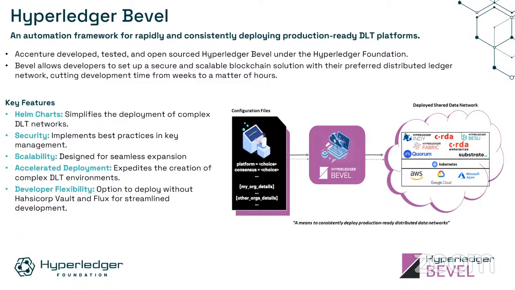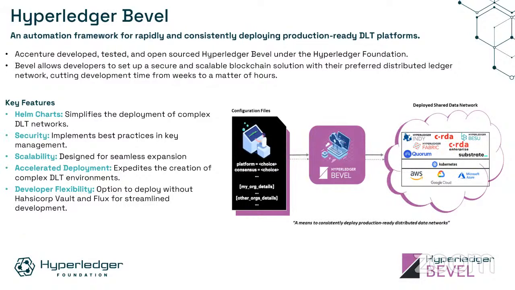It is an Accenture developed and tested, open source and open development project under now Hyperledger Foundation or Linux Foundation Decentralized Trust. It allows developers as well as operators to set up a secure and scalable blockchain solution, and you can use the same kind of approach to do your POC as well as put it to production. Because it is production ready, it helps in reducing your development and deployment times from weeks to hours.